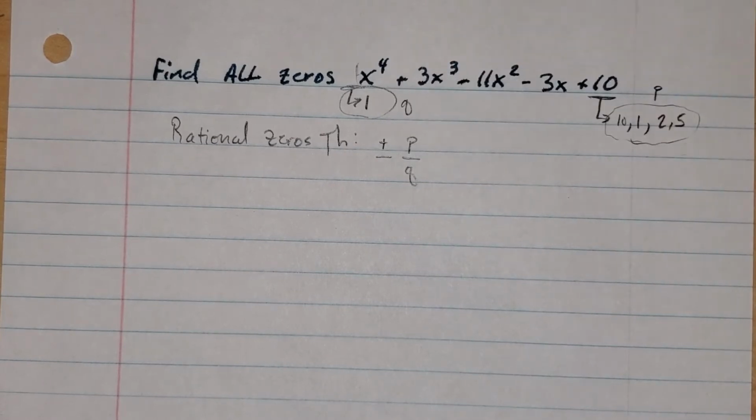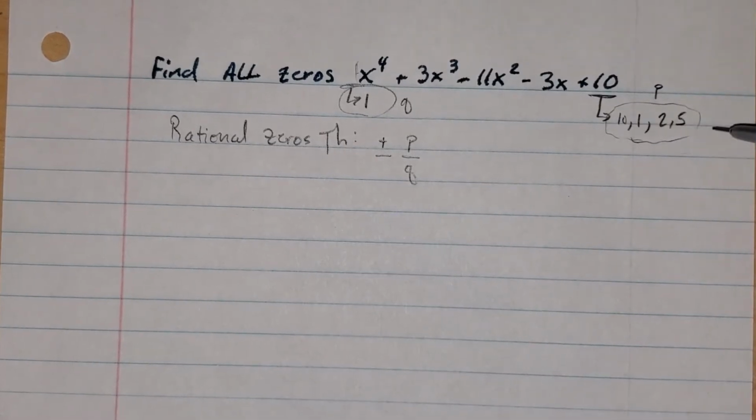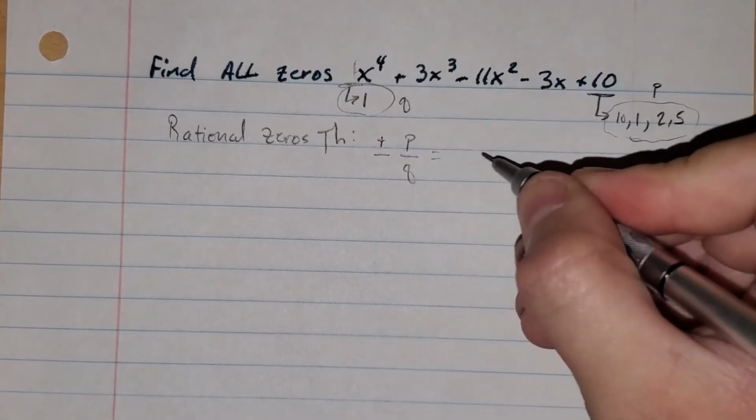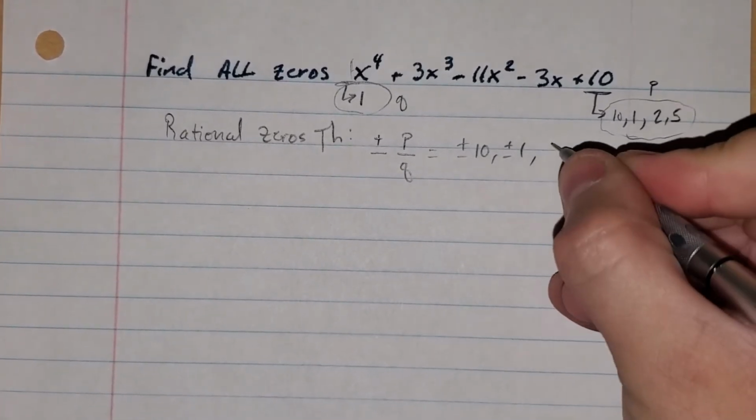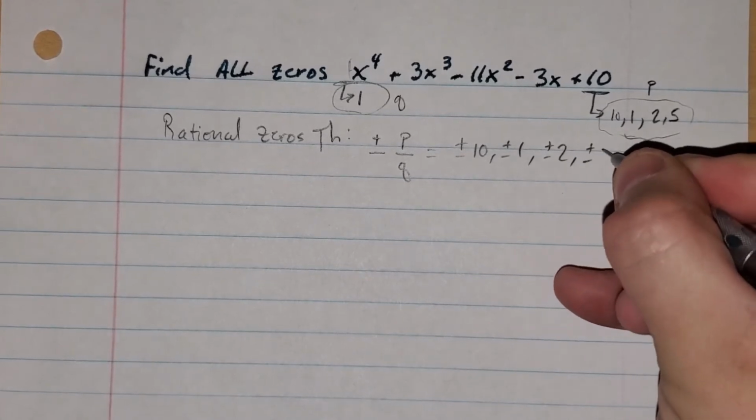In this case, Q is 1, so it's pretty simple. It just becomes this list: plus or minus 10, plus or minus 1, plus or minus 2, and plus or minus 5.